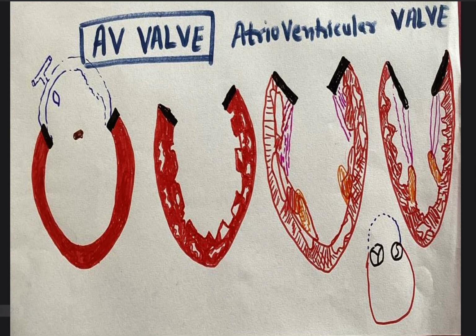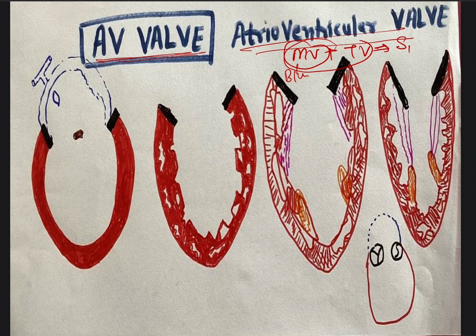Now we are going to discuss atrioventricular valve development. How the atrioventricular valves, which are known as the mitral valve and tricuspid valve. Mitral valve is also known as bicuspid valve. And closure of this mitral and tricuspid valve produces the S1 sound, which is M1 and T1.